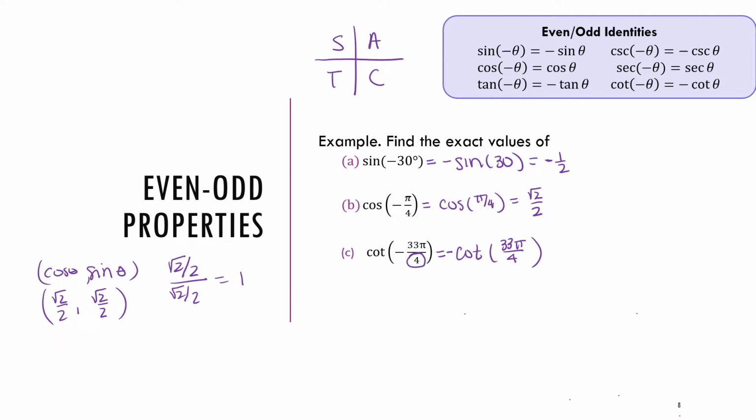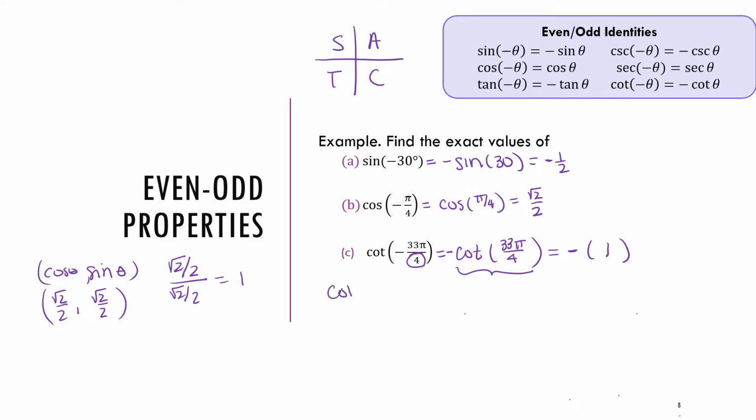So depending on where this is located, if we can figure out what quadrant it's in, we can figure out what this value is. We do know it's going to be a negative on the outside and that this is going to be a 1, but we need to figure out what quadrant it's in. The only way to find out what quadrant it's in is to figure out its coterminal angle. So we've got a negative and we've got to figure out if our 1 is going to be positive or negative.